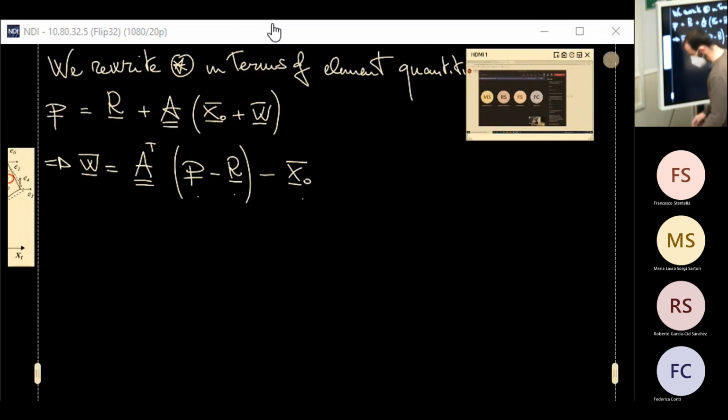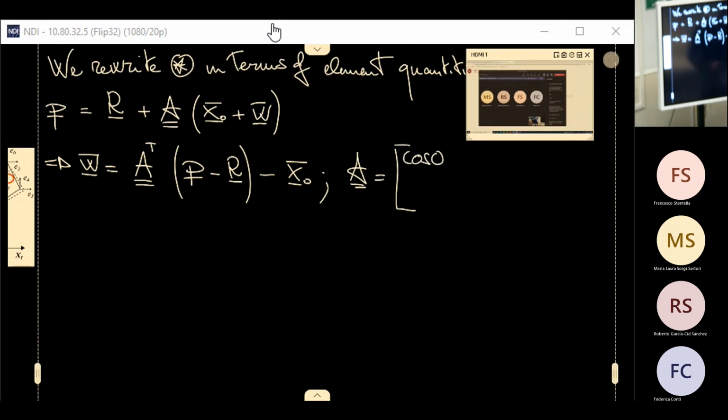Well, if you do this, we only have to remind that A, for the 2D case, is the super well-known rotation matrix.